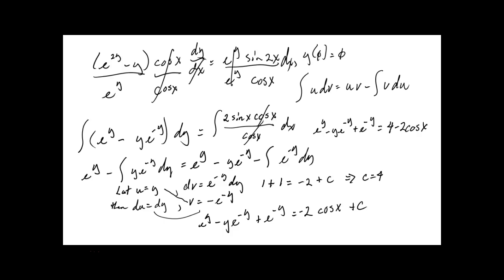When c is equal to 4, it passes through 0, 0. c equal to 2 is one of these down here. c equal to -2 is probably one up here. So all those are possible without the initial condition. This is the only one that catches the initial condition.